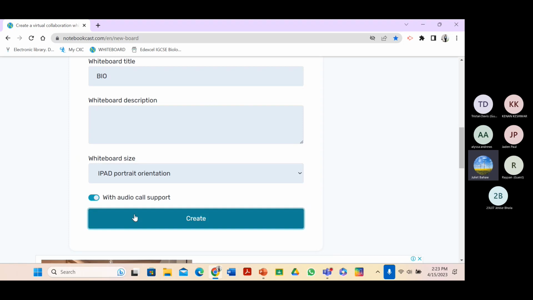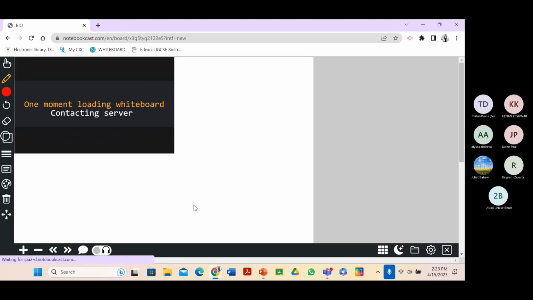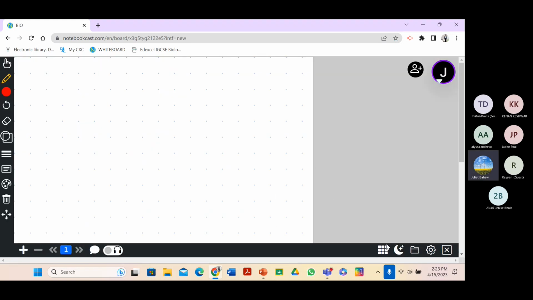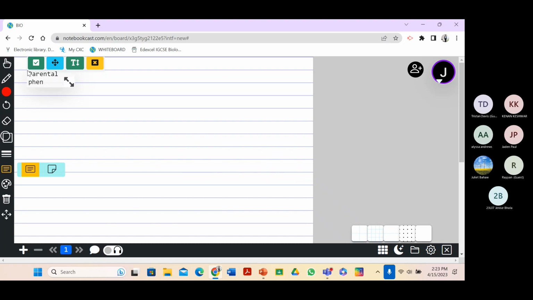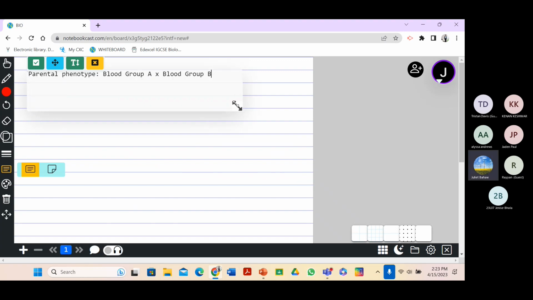Now I want you all to cross it in your own, at least do it in your book and you could follow along. Right, so here we have, let's cross blood group A with blood group B. You'll go ahead and cross that.